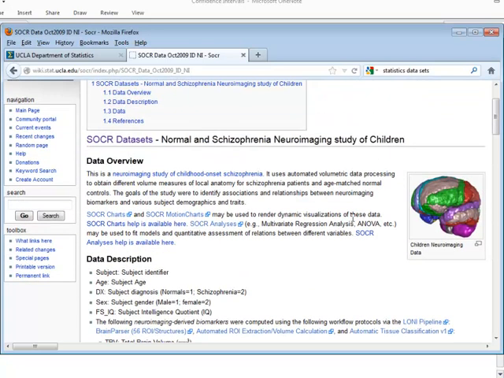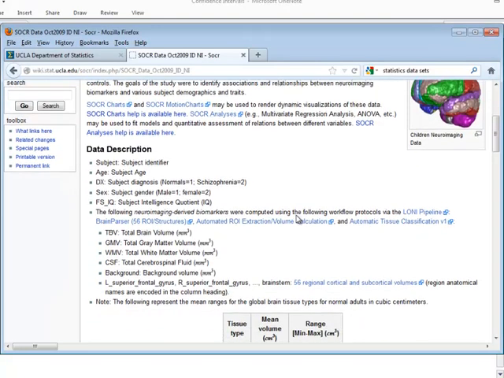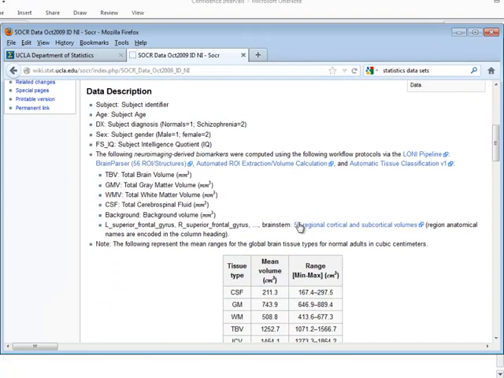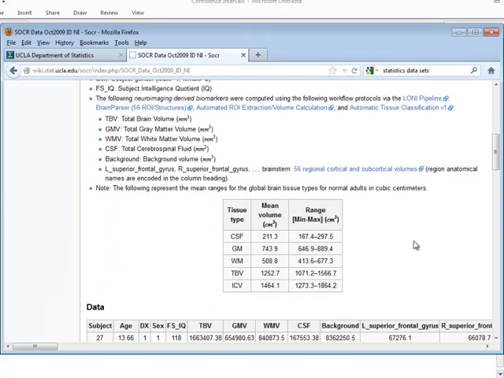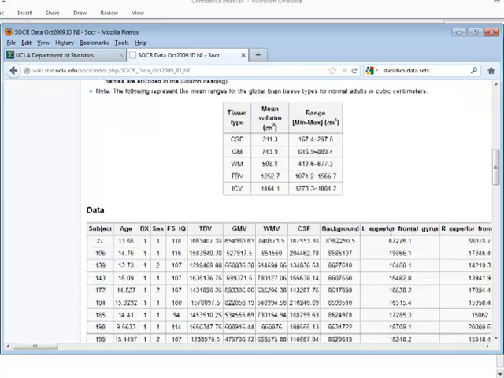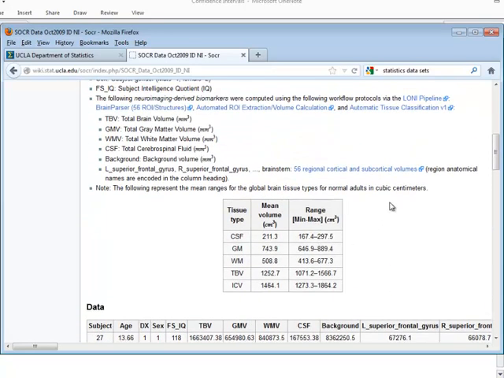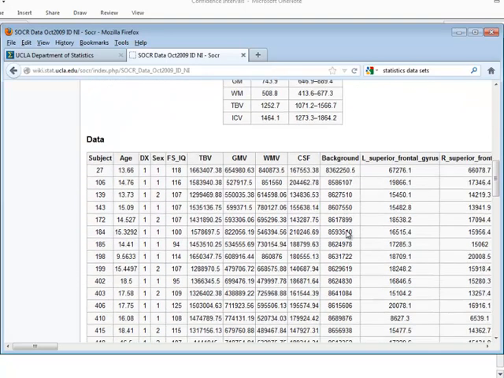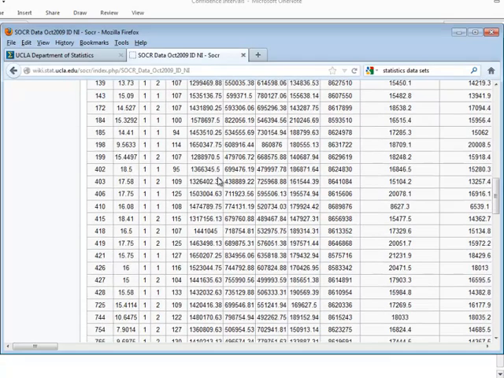These are MRI data, and they want to see those predictors. Now, we want to compare, and we know the acceptable ranges for people who are normal. And here are the data. You see this data set is fairly big.